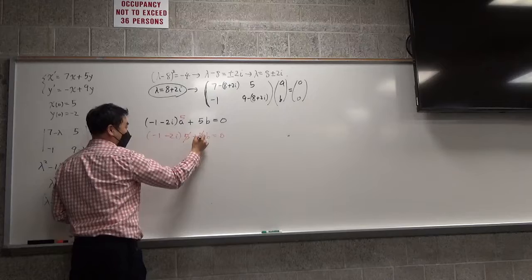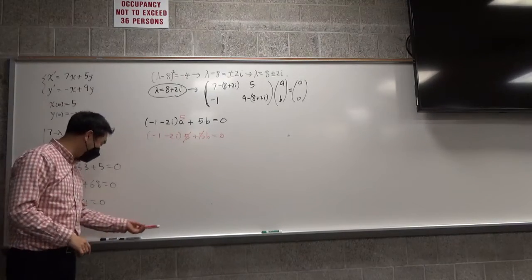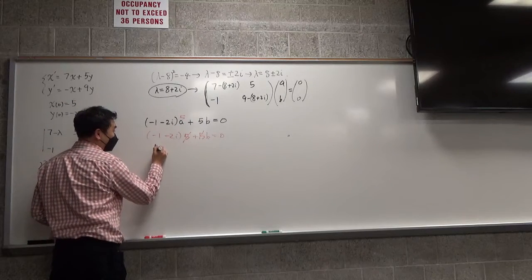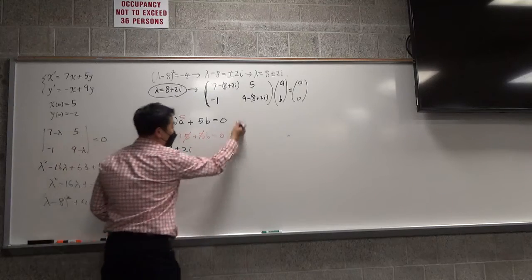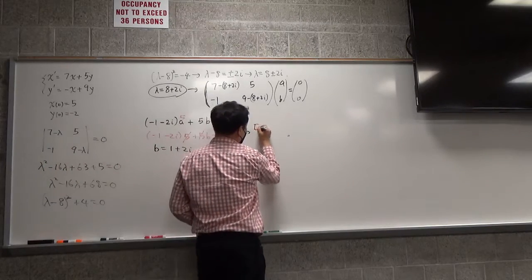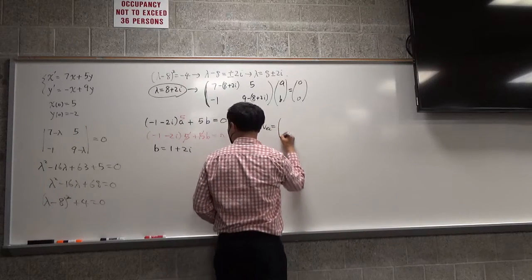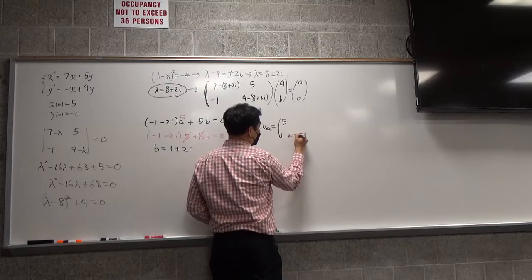And the reason you do that is by doing so, you can just easily cancel the 5. And the result is that you end up with B equals positive 1 plus 2i. And all this calculation says that your eigenvector is 5, 1 plus 2i.